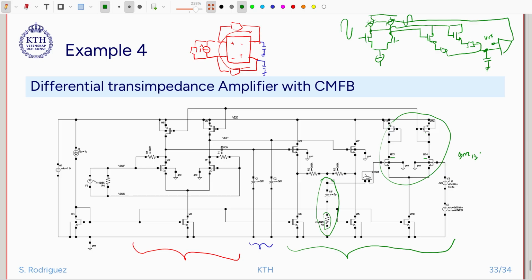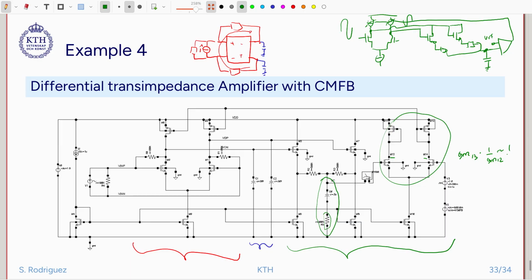The load is very small because, in this case, it is just 1 over gm12, and then the gain that we have here is very, very small. This is approximately 1.